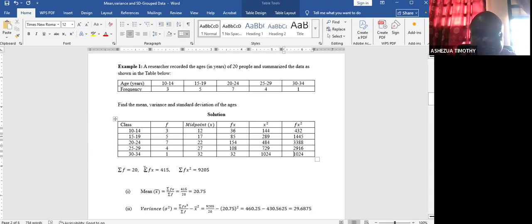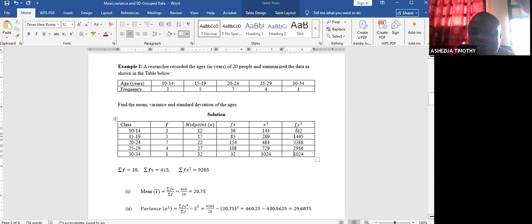So summation F is 20. Next, we are required to sum fx, all these values, and when you sum all the values of fx here, you will get 415.